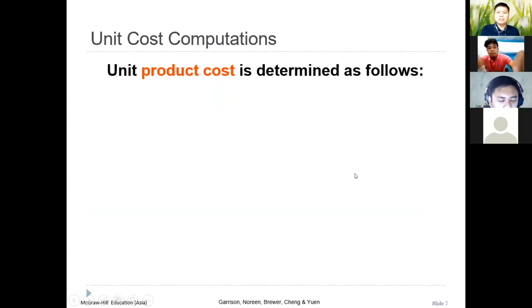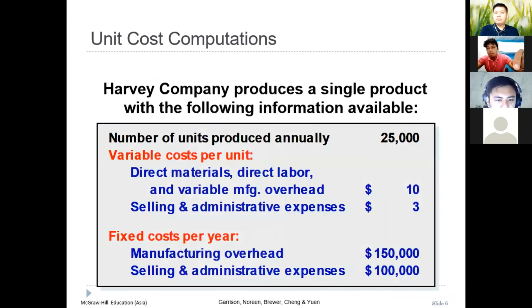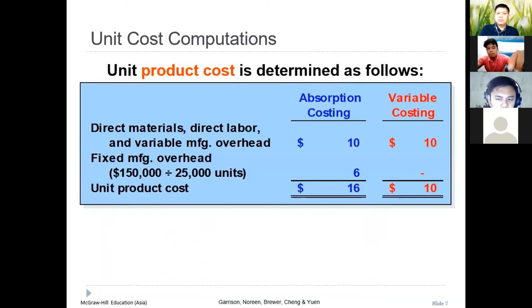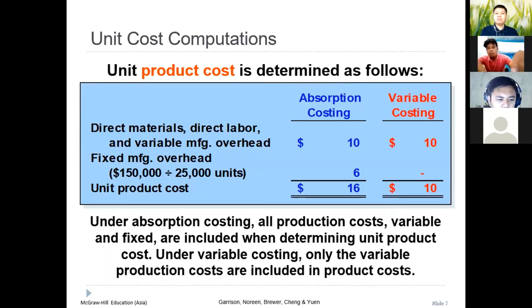According to this slide, you have a total of 150,000 for fixed manufacturing overhead divided by the number of units produced, which is 25,000. Therefore, 150,000 divided by 25,000 is 6. Therefore, the product cost per unit under absorption costing is 16.